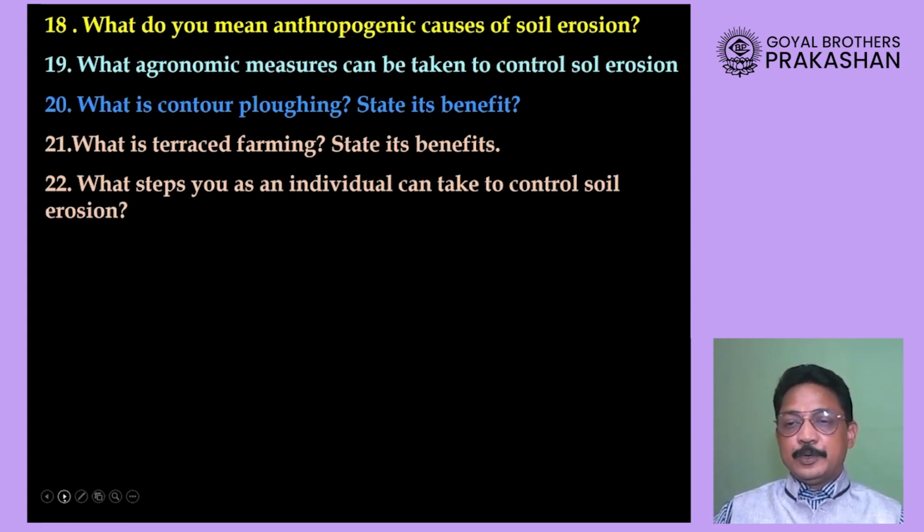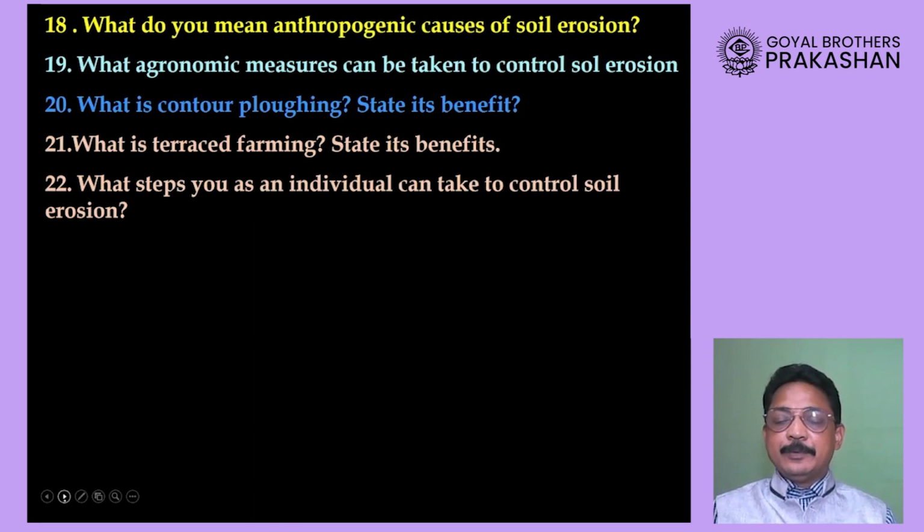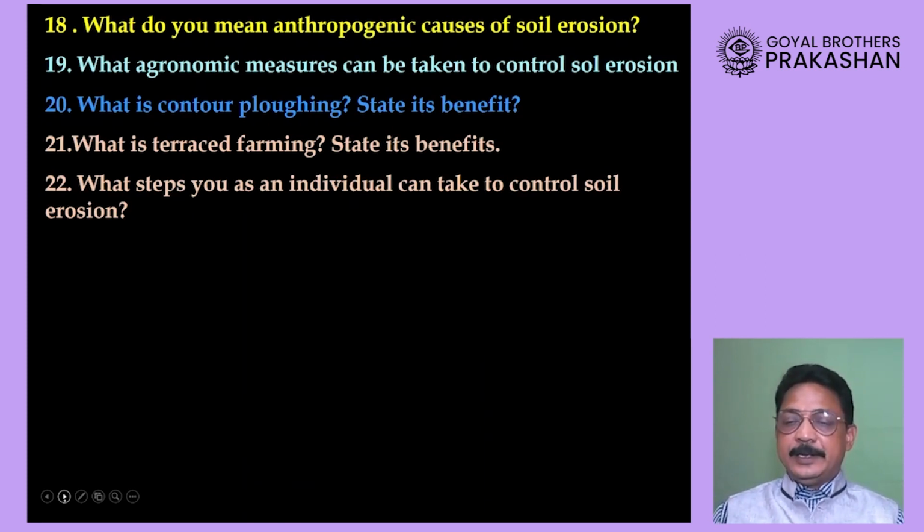Point number four, carrying out terraced farming. And point number five, using fertilizers appropriately, increasing the use of organic fertilizers and decreasing the use of chemical fertilizers. These are various methods that we can take for soil conservation also, dear students.